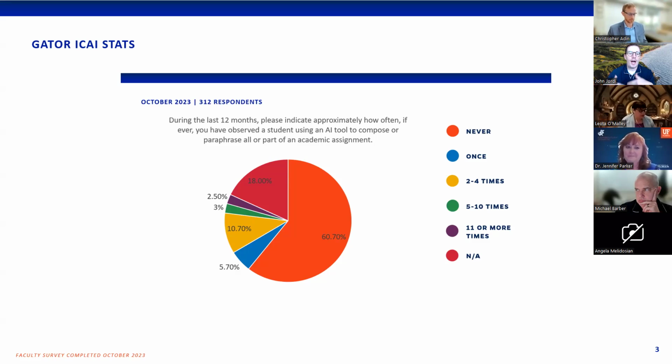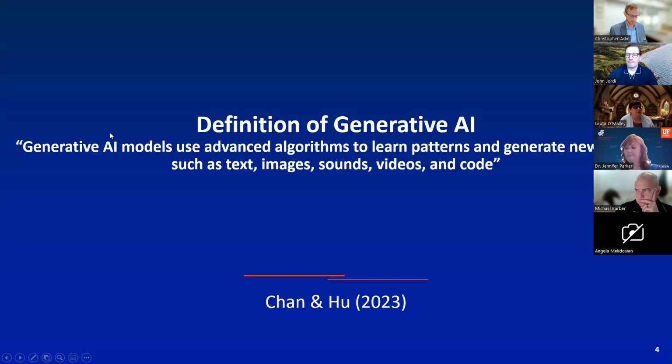As AI is becoming more and more commonplace, and it's becoming more common for students and faculty to see this, especially in social media, it's all over the news, it's in your Chronicle article, you're probably seeing it in your department meetings. This is something that I fully expect that these numbers will be flipped by next year.